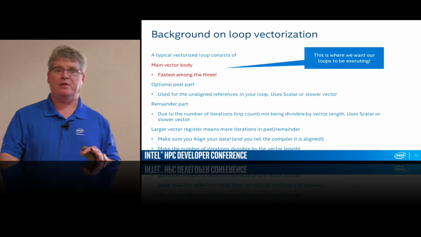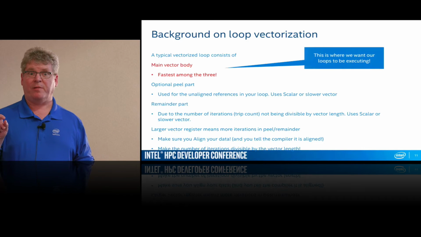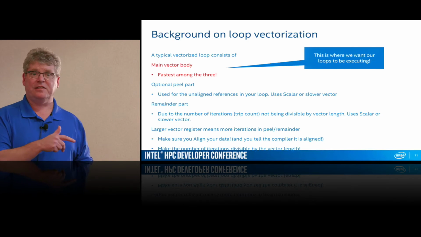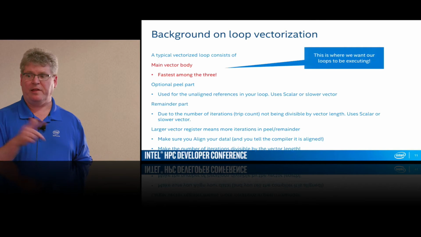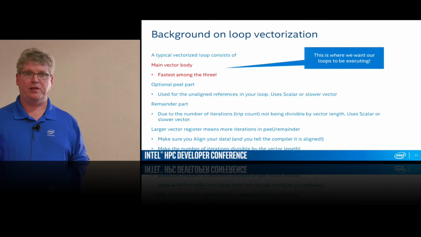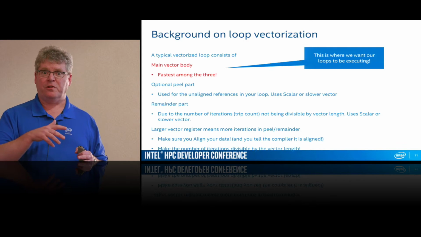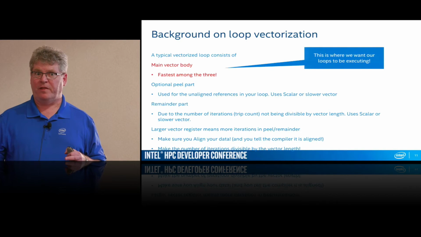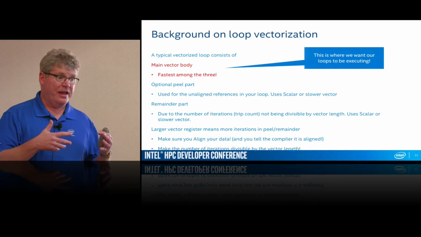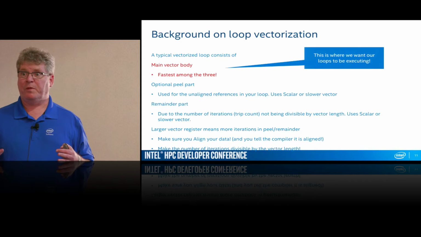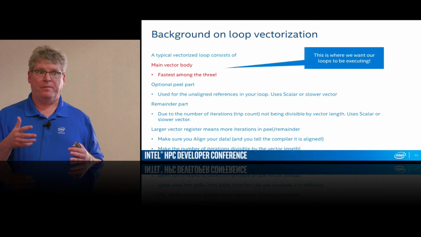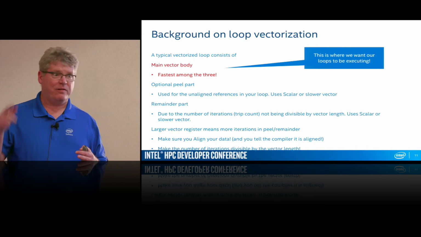There are pragmas where you can actually set the trip count, and those can be very, very helpful. There are some other techniques which we also recommend that I'm going to get into in the slides, but you can pad your trip count so that it is divisible by the vector length. It's kind of counterintuitive because you're adding iterations of the loop.